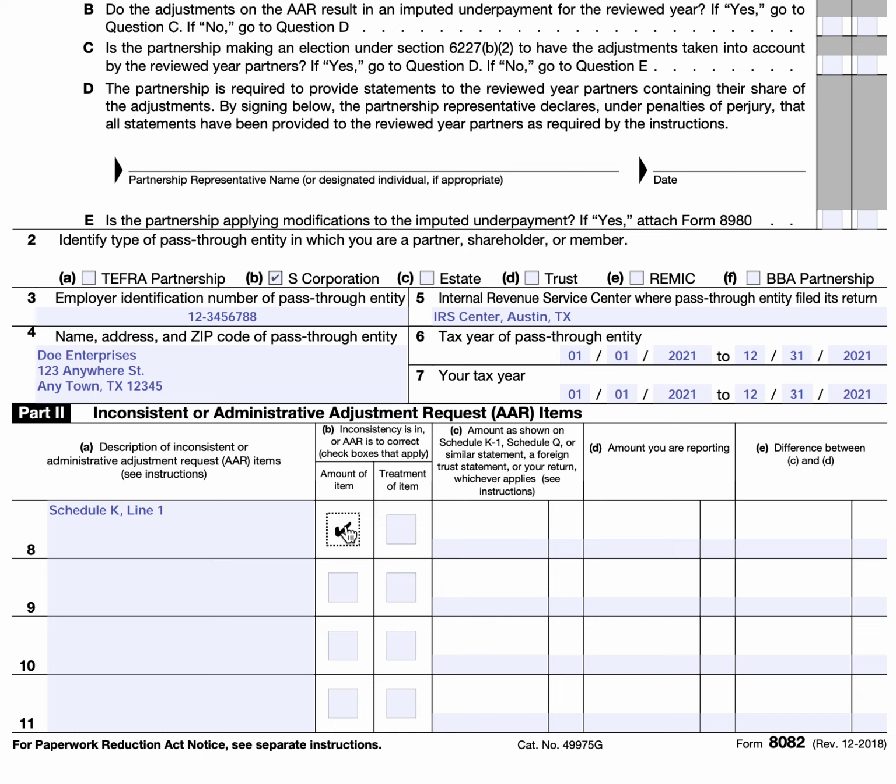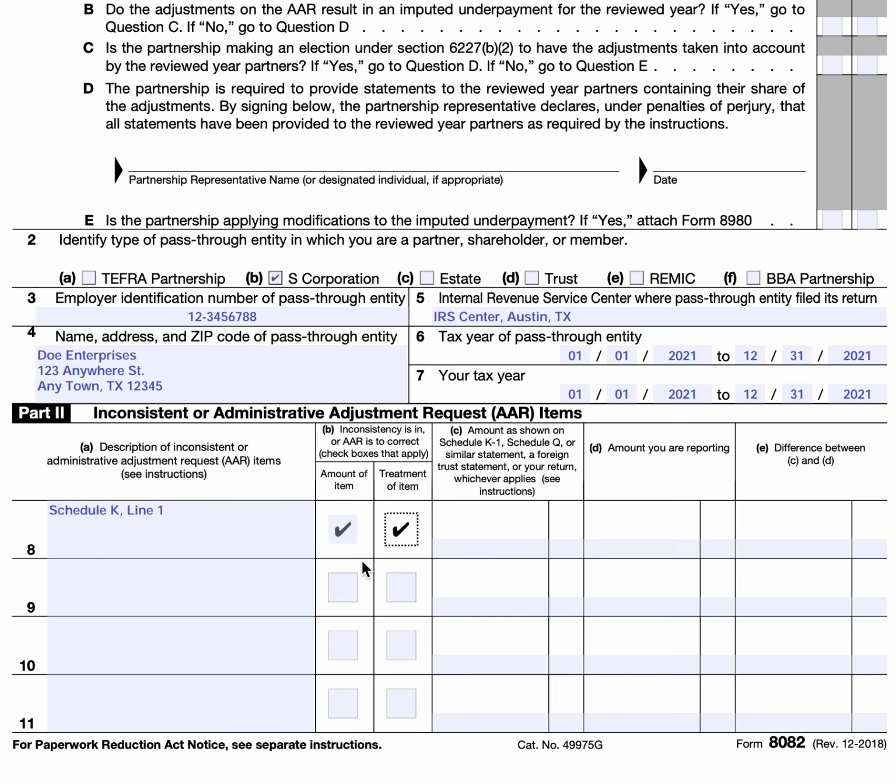So again, if there was a $100,000 adjustment, then this would be the item that you check in terms of the amount of item. If you're checking inconsistent treatment, then you would select the treatment of the item because you believe that the amount of this item wasn't properly reported, or the item wasn't properly reported in terms of its tax treatment.